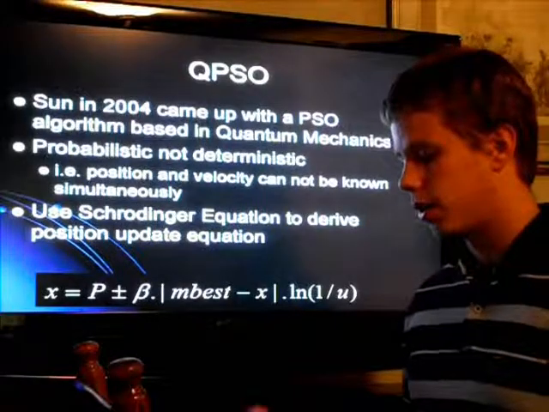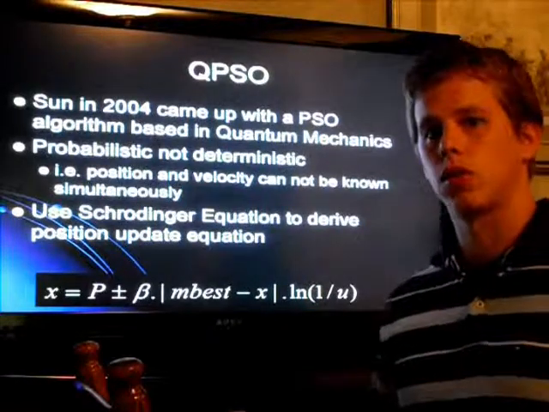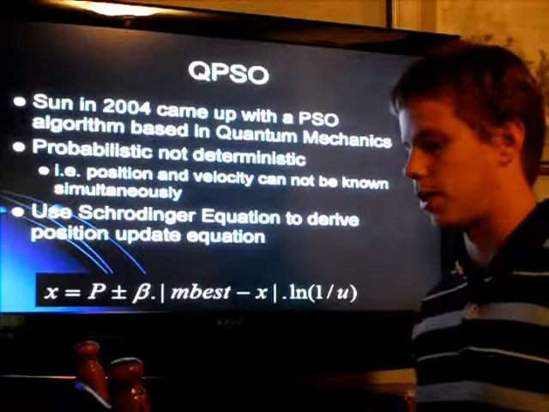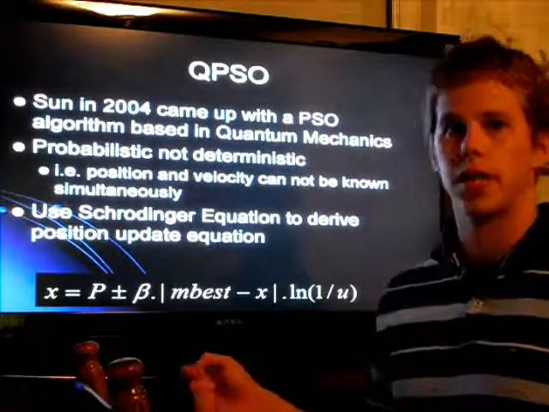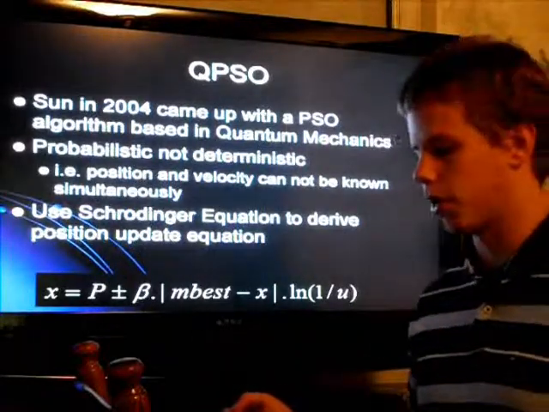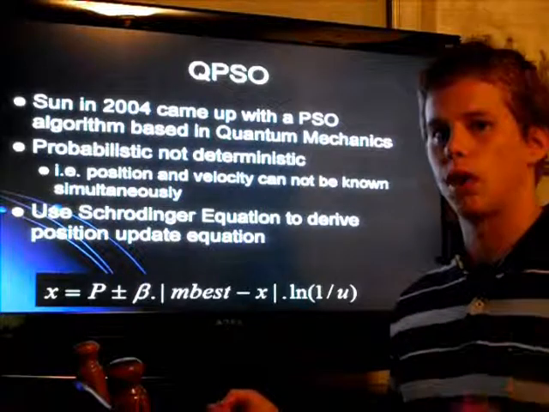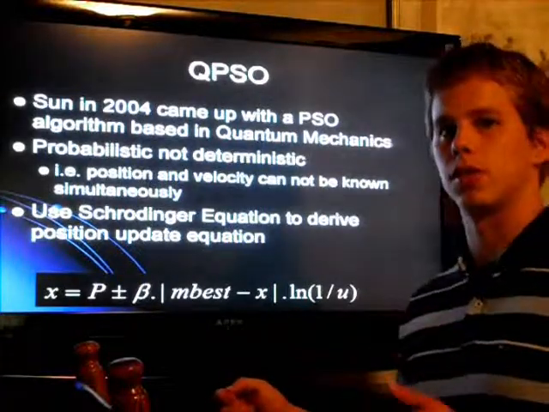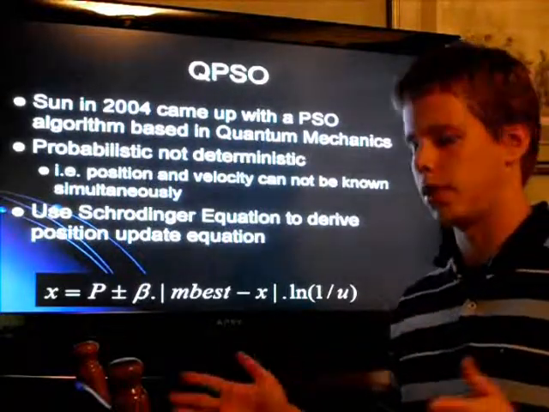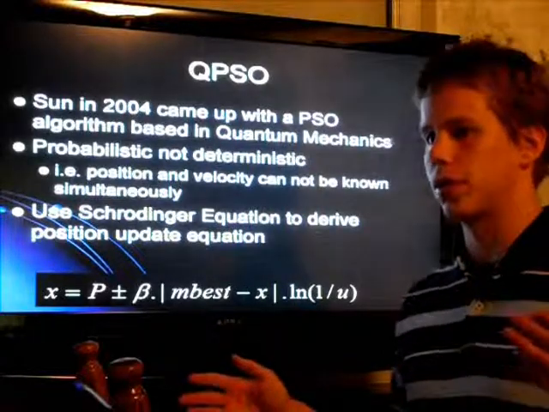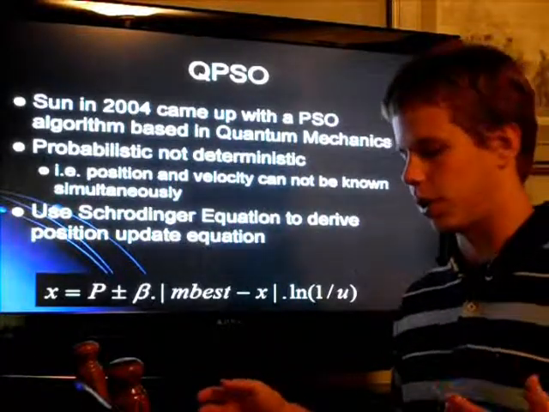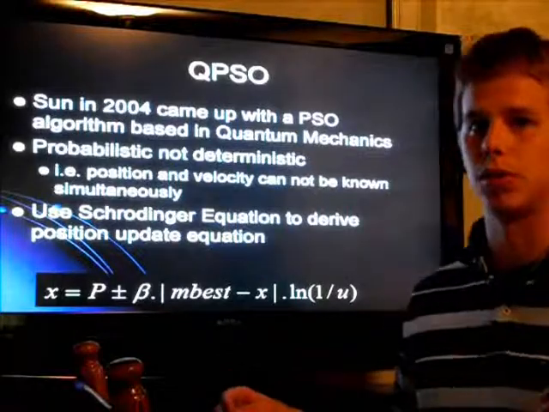And then QPSO is Quantum Particle Swarm Optimization. This was created by Sun in 2004, and it's based in quantum mechanics, which means that it's probabilistic instead of deterministic, which means basically that the position and velocity cannot be known simultaneously.